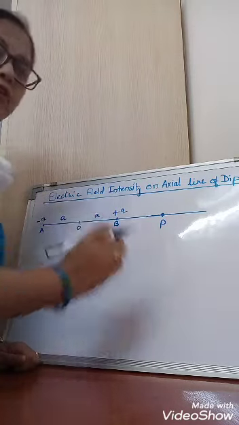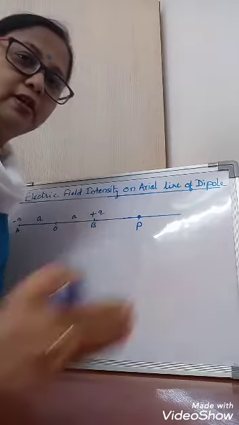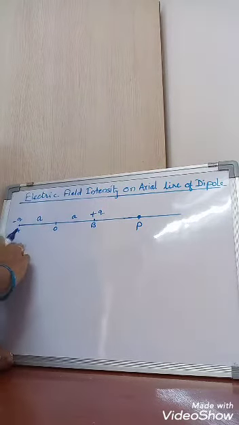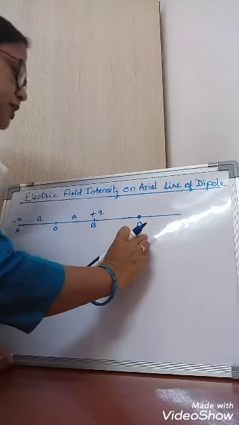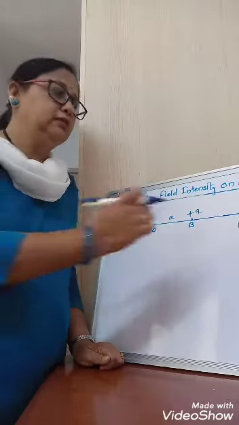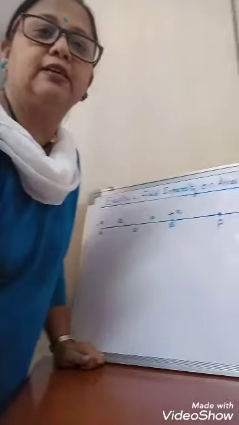Since electric field is a vector quantity, we have to consider the vector addition for the electric field due to minus q charge at point P and plus q charge at point P. You must be remembering the concept of the test charge. We have to place the test charge at the point where we are finding the electric field.